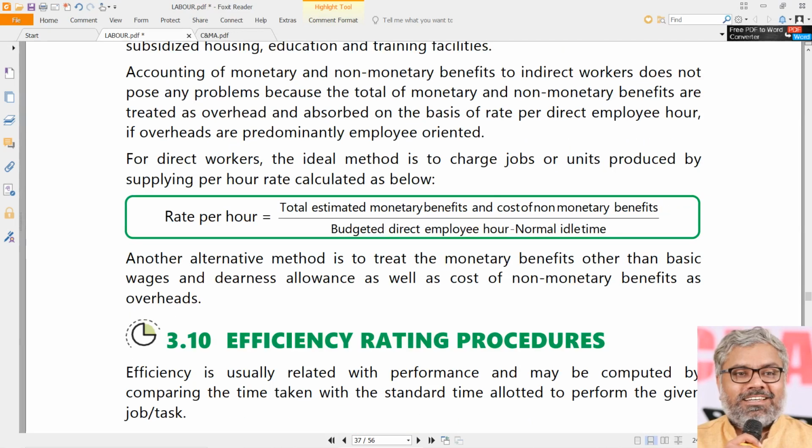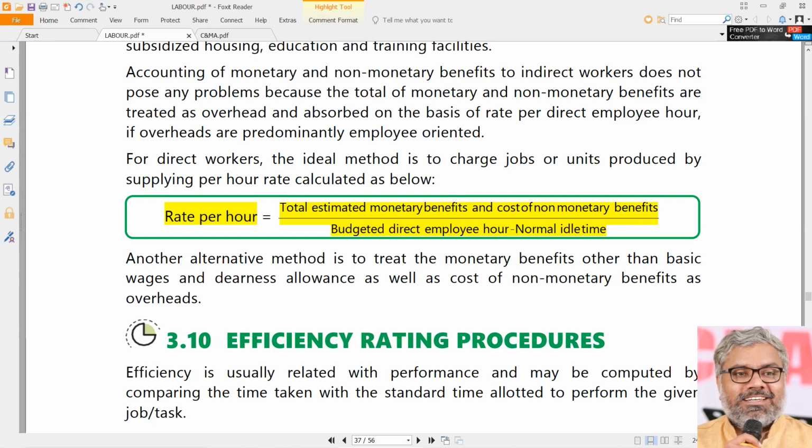So to sum it up, how do we calculate the rate per hour? We did it already in so many cases. Simply, in the numerator we take all the estimated monetary and non-monetary benefits cost, and in the denominator we take budgeted direct employee hours minus normal idle time. Normal idle time has to be reduced here, then only the rate per hour will be inflated.